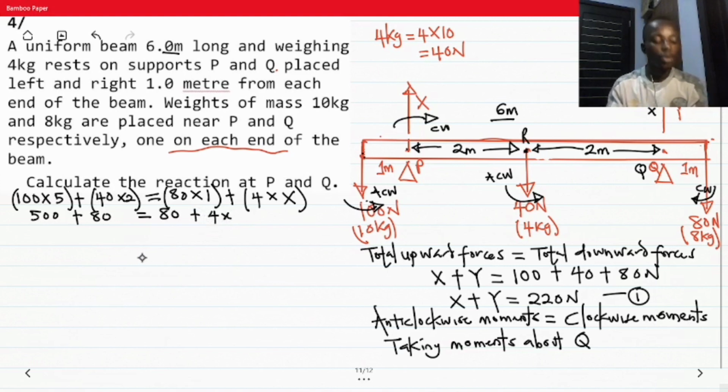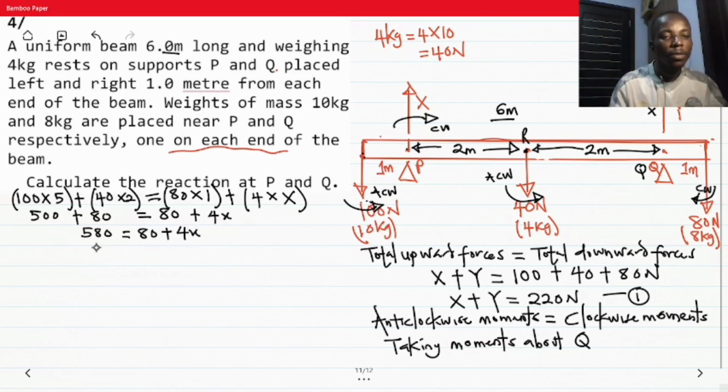So what do we have next? We have 580 here. 580 equals 80 plus 4x. So we have 580 minus 80 equals 4x.